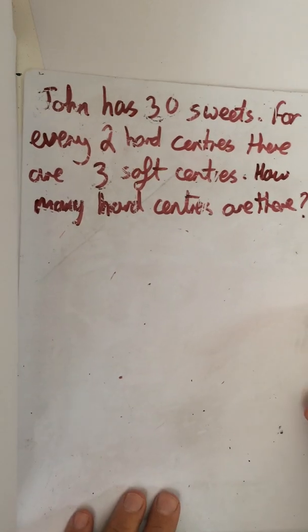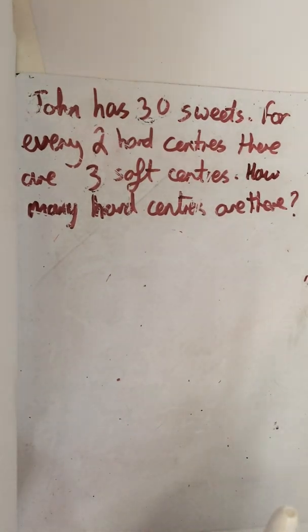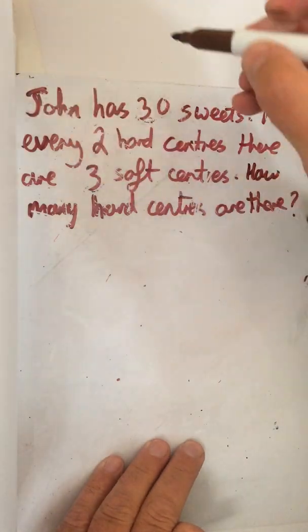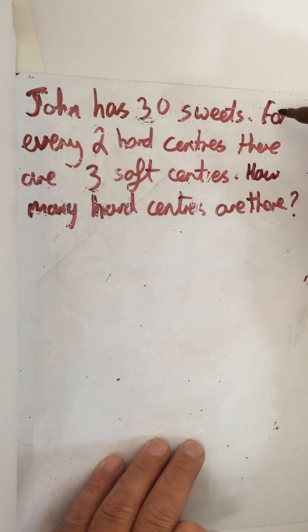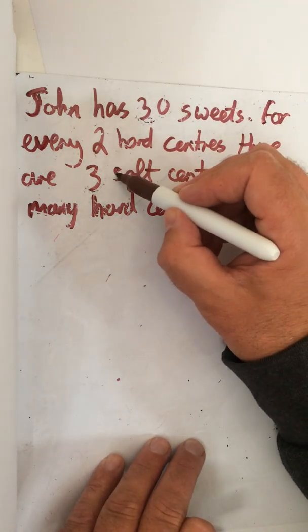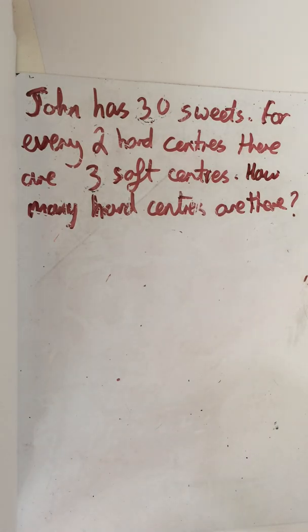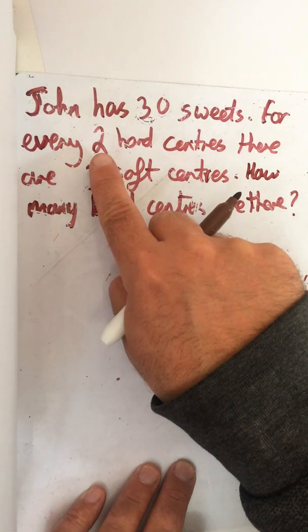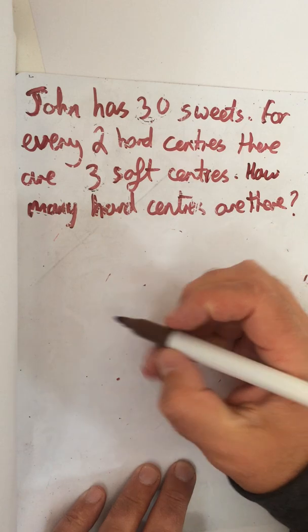So here, John has 30 sweets. Okay, sorry, I think this is right. John has 30 sweets. For every 2 hard centers, there are 3 soft centers. Okay, how many hard centers are there? So again, first thing we're going to do is write down the ratio for every 2 hard centers.